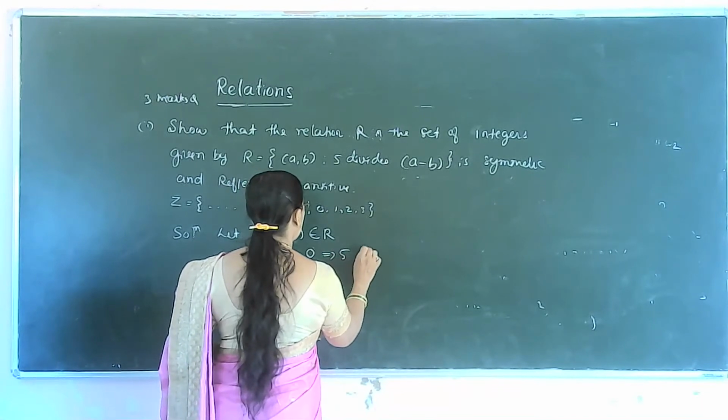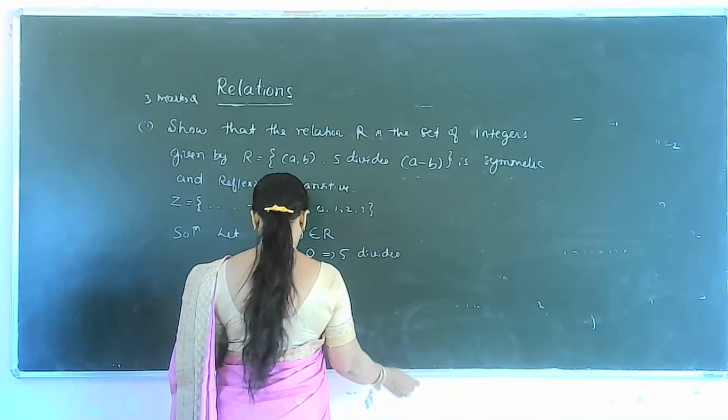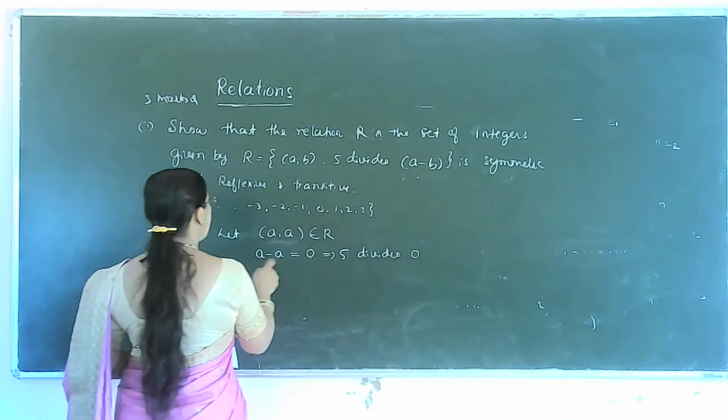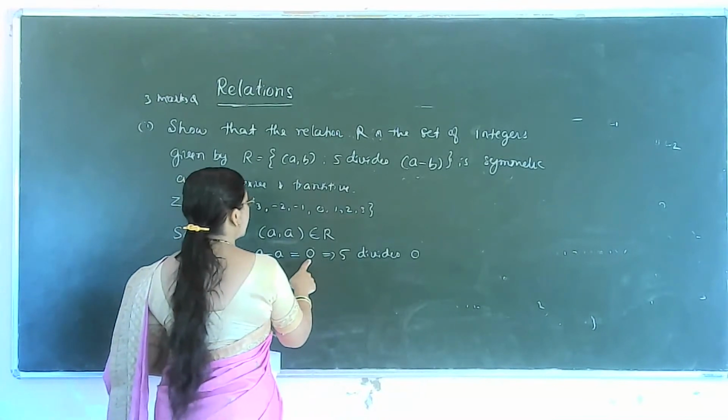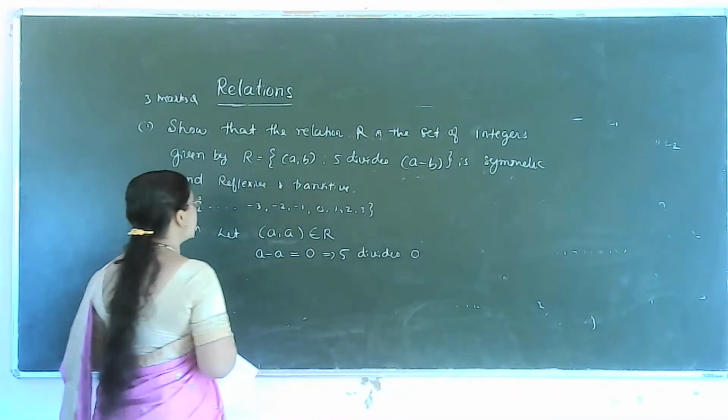That implies 5 divides 0. a minus a is equal to 0, 5 divides 0.